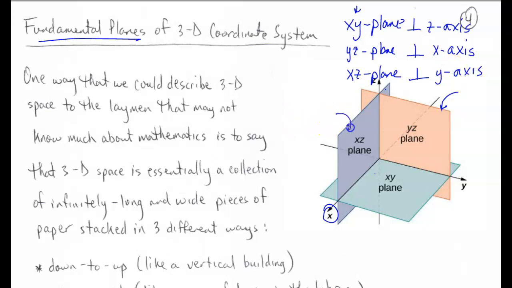The xz plane here is also standing vertically, so we need the axis that's going to intersect that horizontally. And of course, the y-axis is the one that does that. Okay. So these are also very important properties that we need to know about these planes and axes.